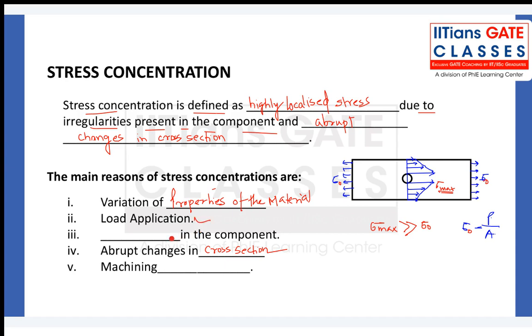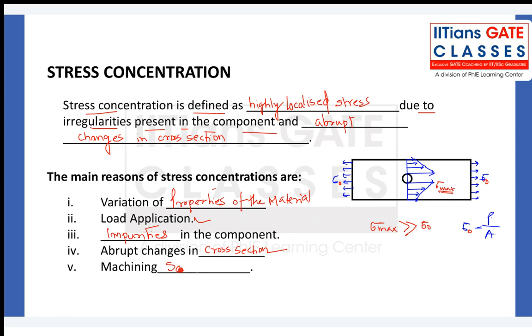Because of load application, and because of the presence of impurities, we all know there will be some amount of impurities in the components. So because of the presence of the impurities, there will be stress concentration. And we have machining stresses. All the components will be machined.